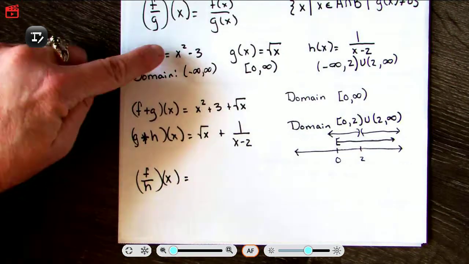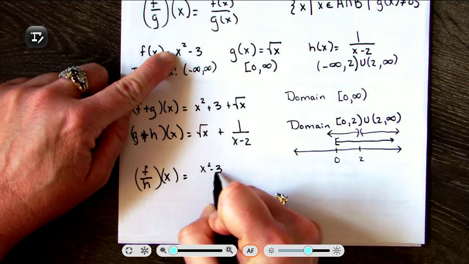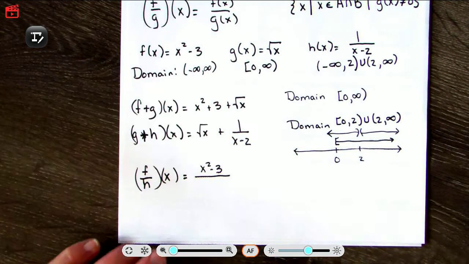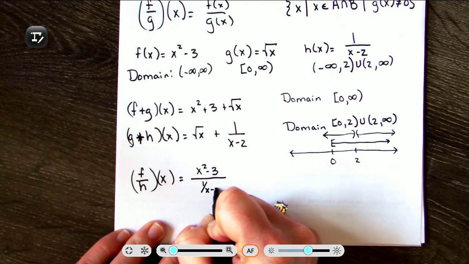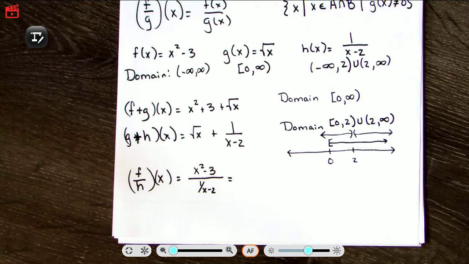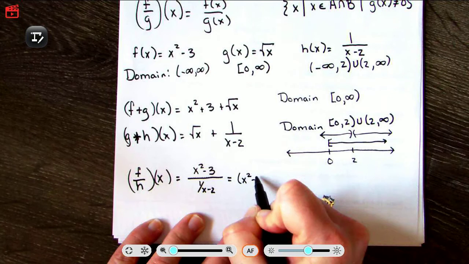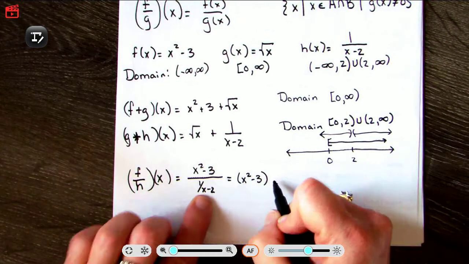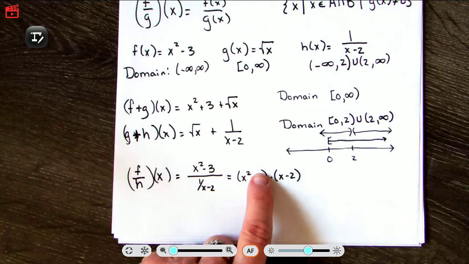So I'm going to take this one, that x squared minus 3, and I'm going to divide it by this. I am going to clean this out just a little bit because that's like taking x squared minus 3 and multiplying by the reciprocal. And I'm going to leave it that way.